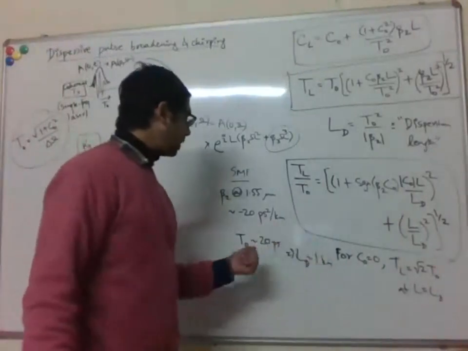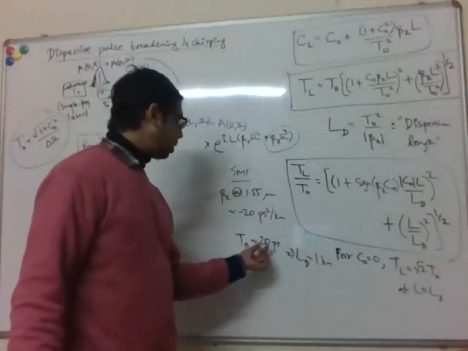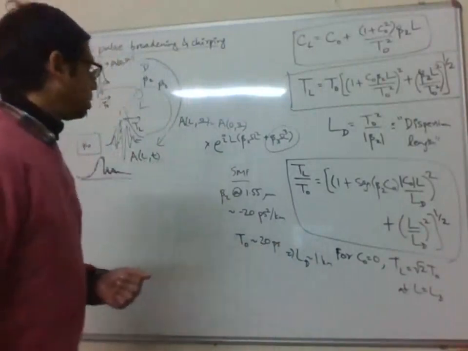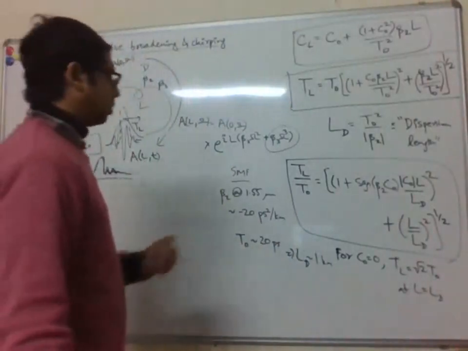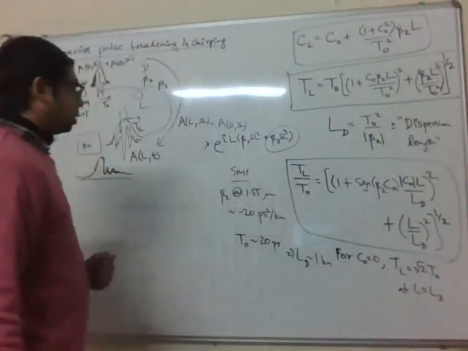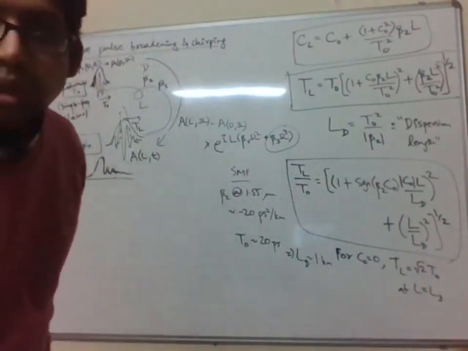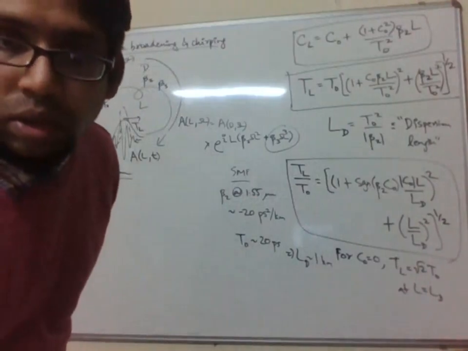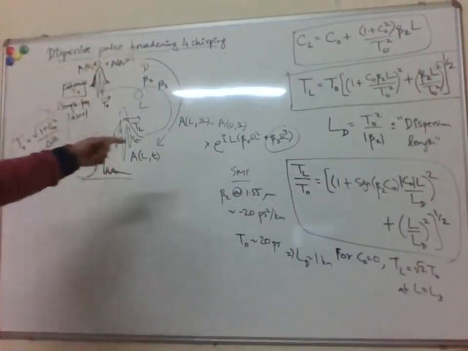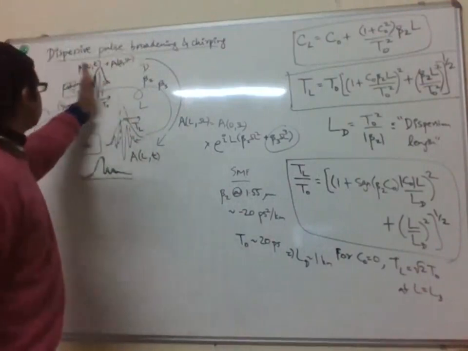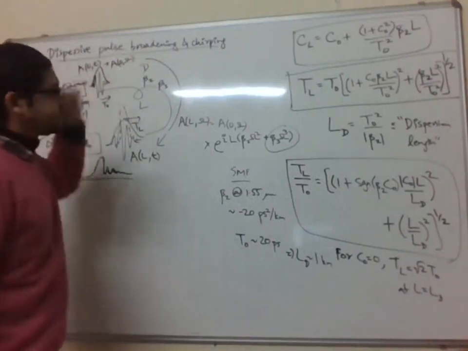So after 1 kilometer of propagation, the pulse will become square root of 2 times broader, of course if you start with an unchirped pulse. So that gives you some scale. C0 is the amount of chirp introduced by the transmitter itself.